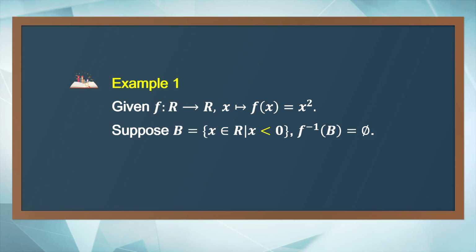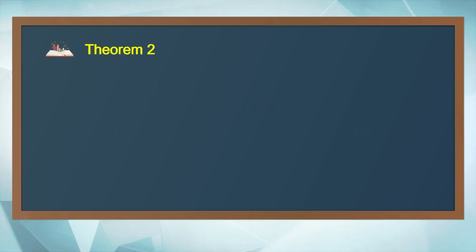That means the preimage of a set being the empty set does not imply that the set is the empty set. But if the function f is surjective, then the preimage of a set being the empty set implies that the set is the empty set.